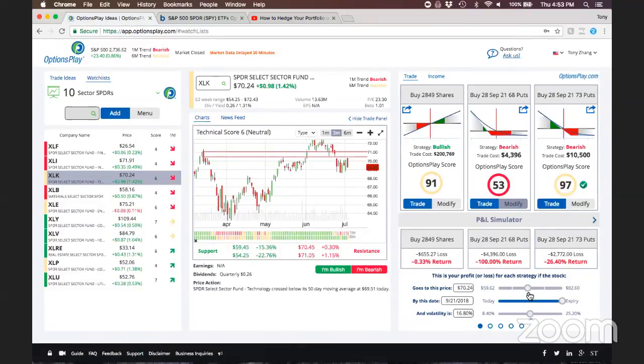So again, if the market goes absolutely nowhere, here I expect roughly no losses on my portfolio. If I bought the cheaper hedge, I'm losing $4,300. So this is where the cheaper hedge doesn't really pay off. It doesn't really go anywhere. Here, even though this cost me $10,000, I'm actually losing less money on this hedge. So we usually think about buying puts as, the amount of premium that you're paying is what you're risking.